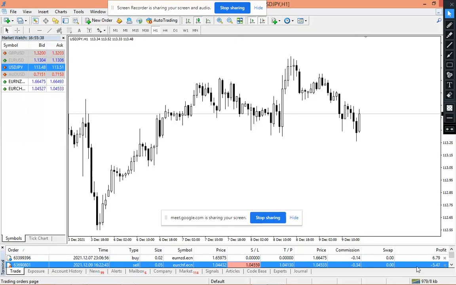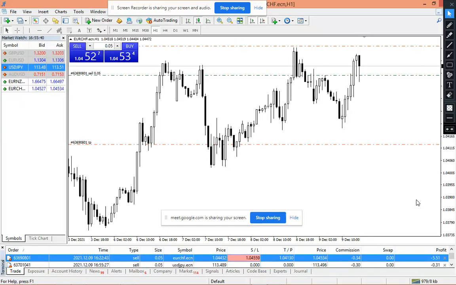Okay. Still hoping the Euro CHF will also move to the downside, almost a stop loss.